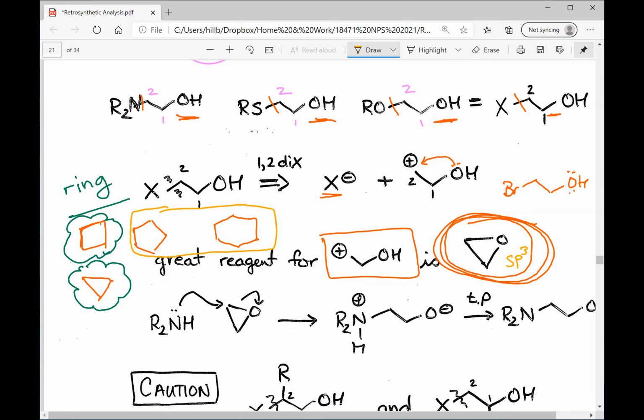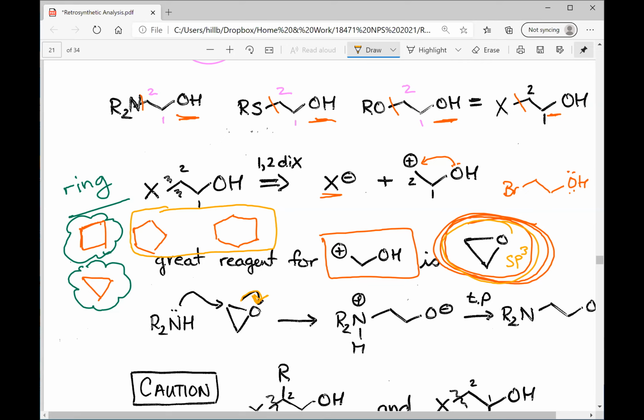So if you've got some nucleophile like this nitrogen attacking it, you're going to be releasing all of that ring strain, and that's going to be an energetically favorable reaction.